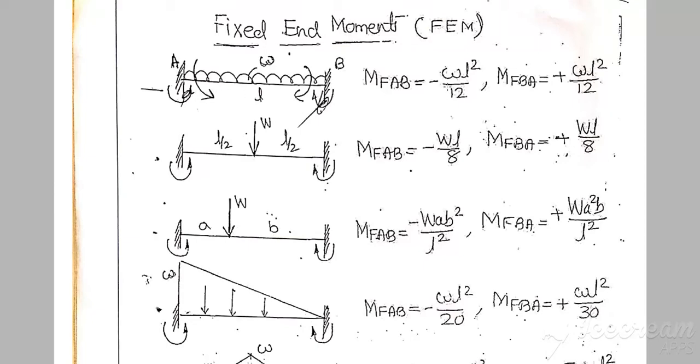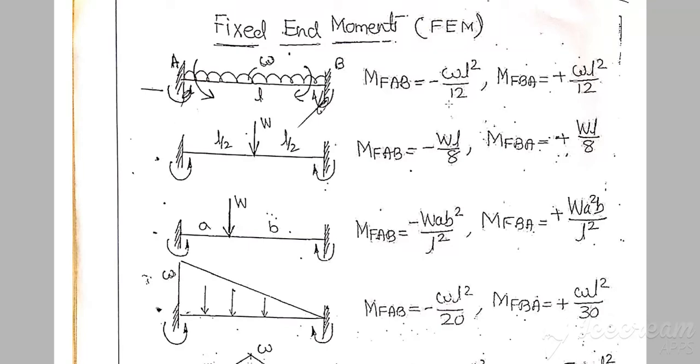The formula, that means how we are going to calculate fixed end moment for span AB, is minus WL square by 12. This formula applies when the UDL load is there on the span, on the beam. At that time only we should use this formula, and you should remember and mug up all these formulas.